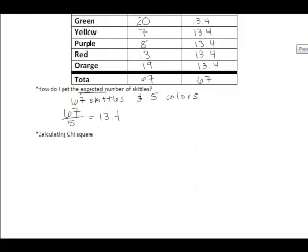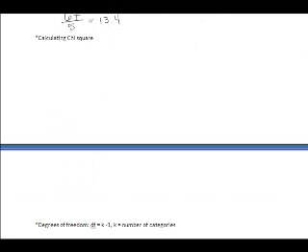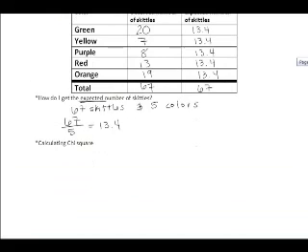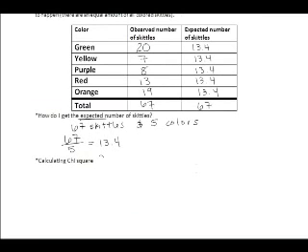So now let's calculate our chi-square. Our chi-square is equal to the summation of our observed frequency minus our expected frequency squared over our expected frequencies. Now the summation means that you're going to add up all your components for each category.